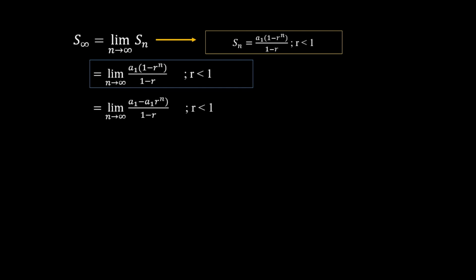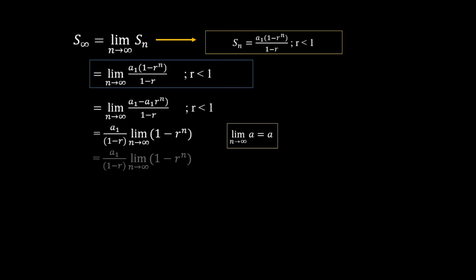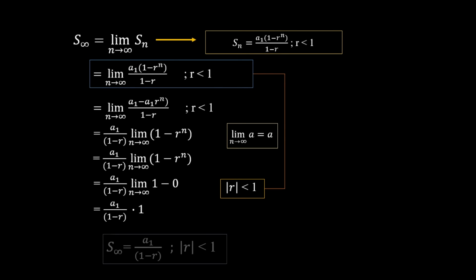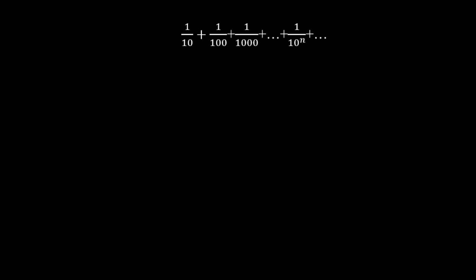However, there is an easier way to solve that problem. If you know that absolute r is less than 1, you can use this formula instead. Infinite sum equals first term over 1 minus r. But you have to make sure that absolute r is less than 1. We show you some proof here of how it works. Now let's solve this problem again, but use the easier formula.